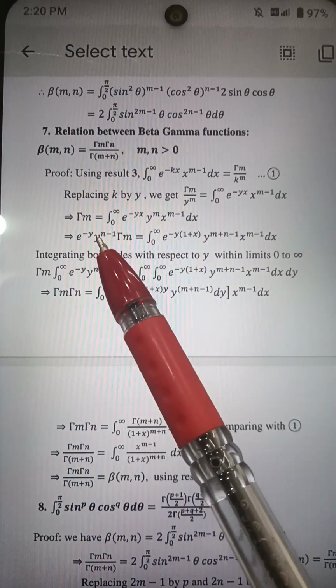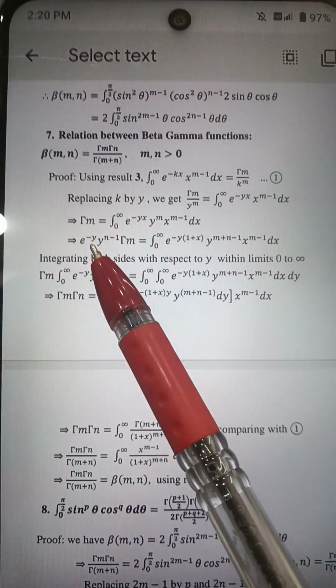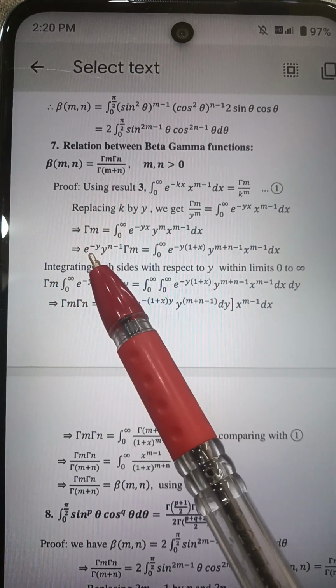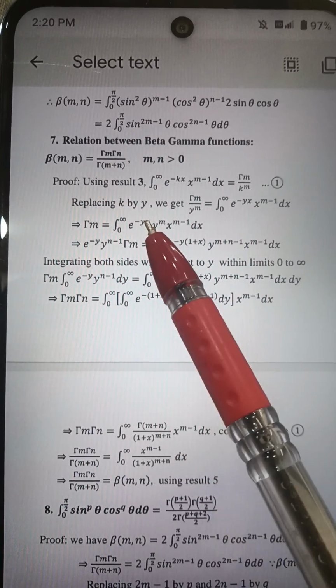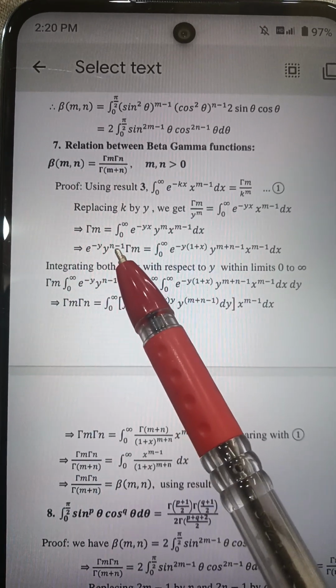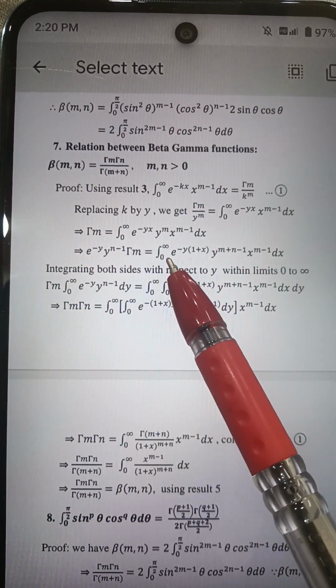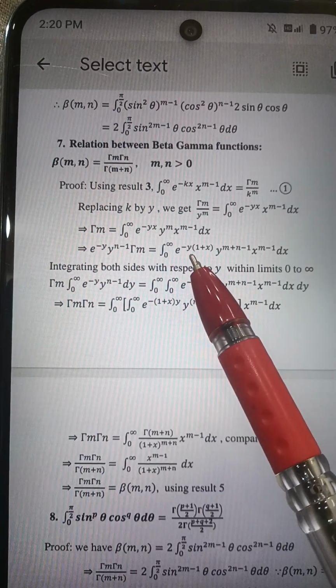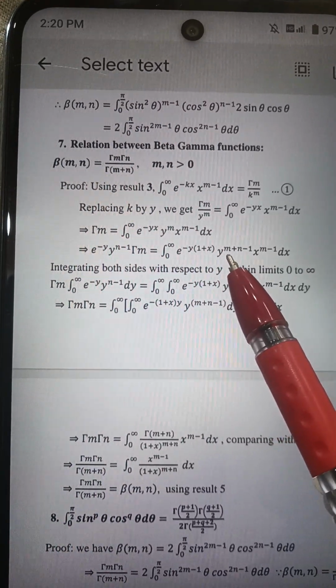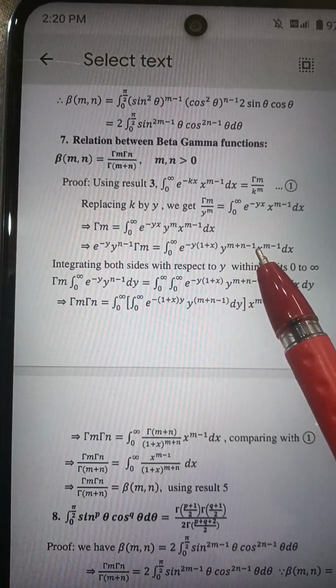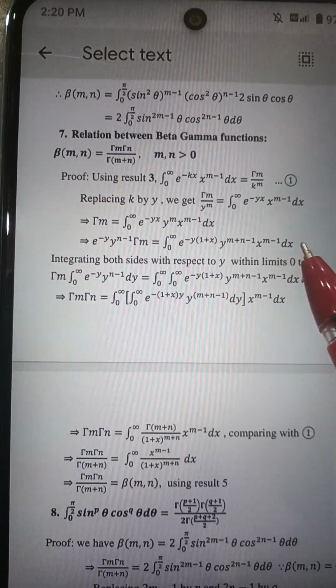So we can write factorial m e^(-y) y^(n-1) equals the integral from 0 to infinity of e^(-y(1+x)) y^(m+n-1) x^(m-1) dx.